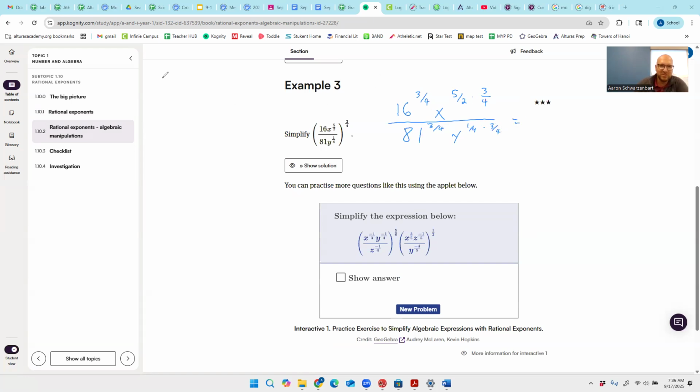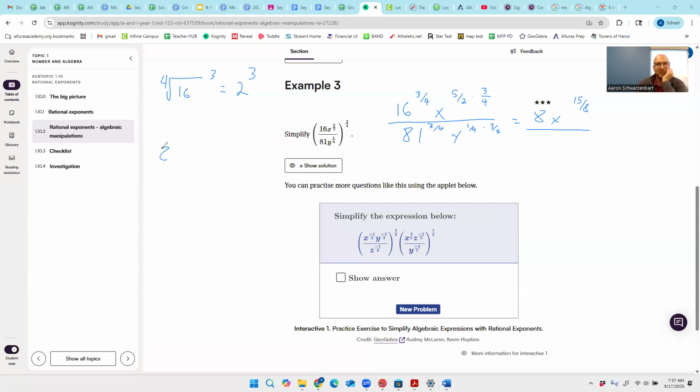So 16 to the 3/4, that's 4th root of 16 cubed. The 4th root of 16 is 2. 2 cubed is 8. Multiply my exponents, x to the 15/8.